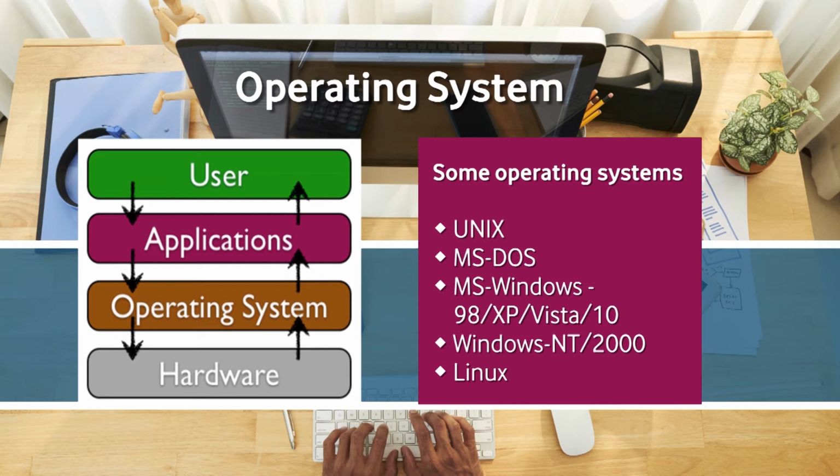For example, the MS Windows operating system is developed for the processors of a specific company, because the processor has to talk to your operating system.